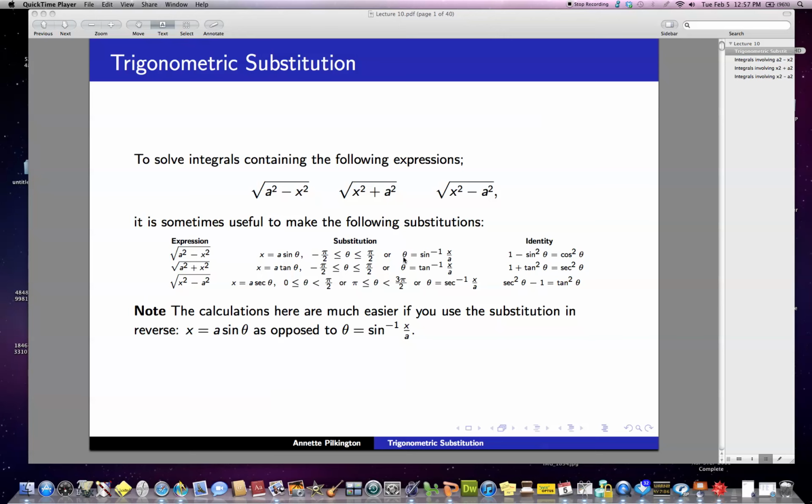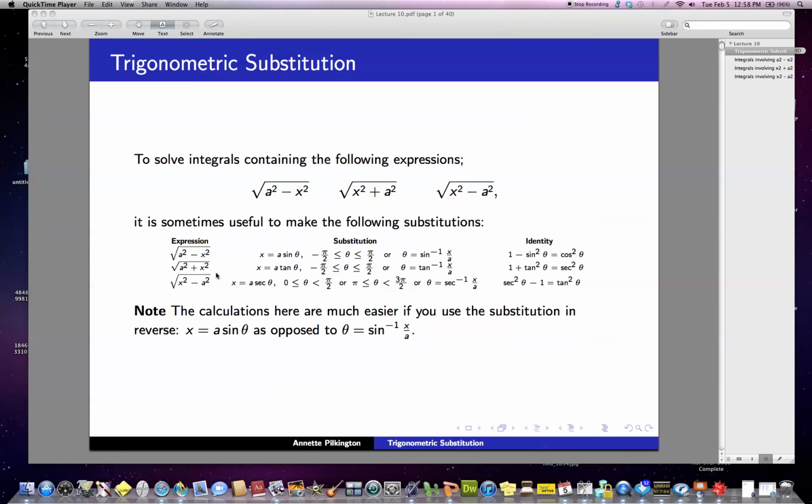In other words, I'm making the substitution theta equals sine inverse x over a, but it makes more sense here to make the reverse substitution by replacing x by a times sine theta than to try to figure out what happens when I directly make the substitution theta equals sine inverse x over a. In this case, I use the identity 1 minus sine squared theta equals cosine squared theta to simplify this expression.